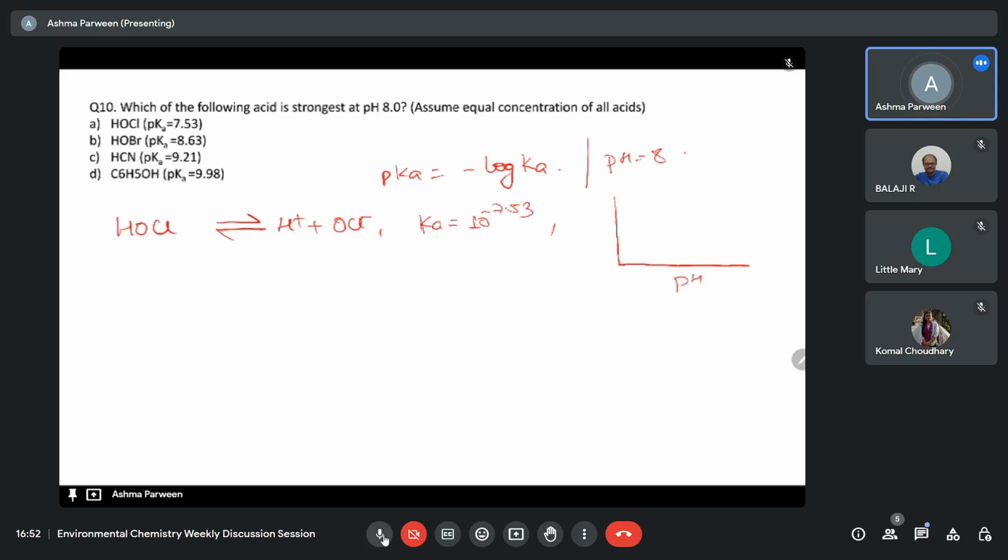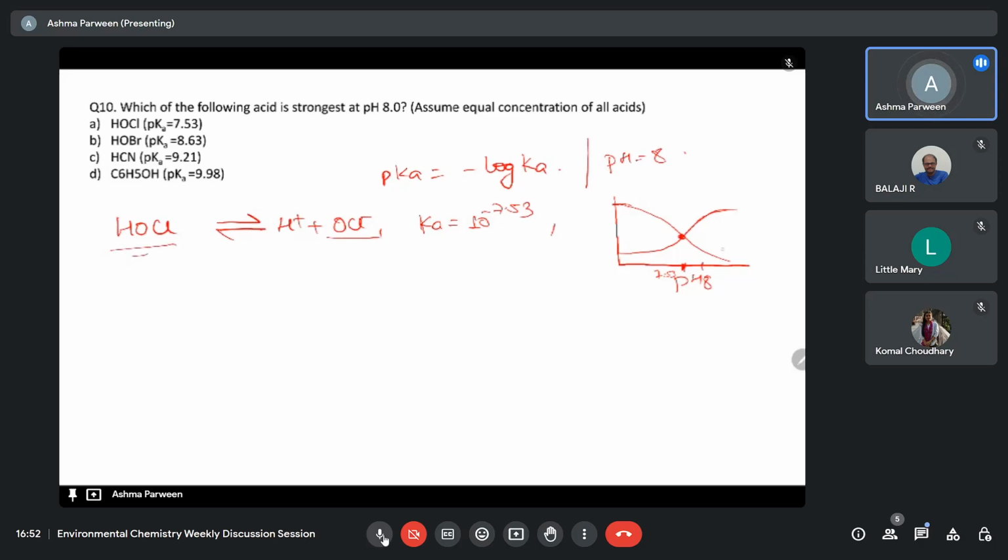If this is the pKa value for this acid, 7.53, and the given pH is 8, then the HOCl amount will decrease and the OCl minus amount will increase. At pH equal to pKa, there will be equal concentrations of HOCl and OCl minus.